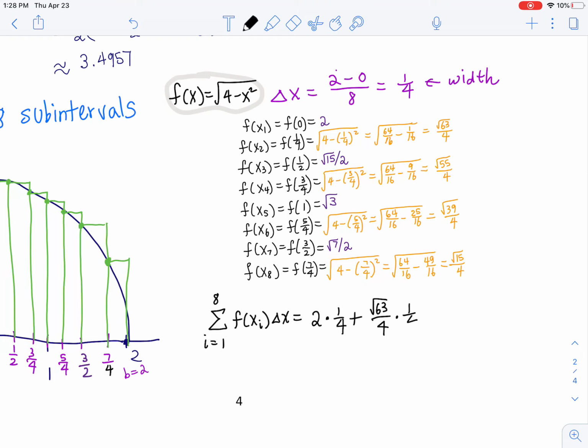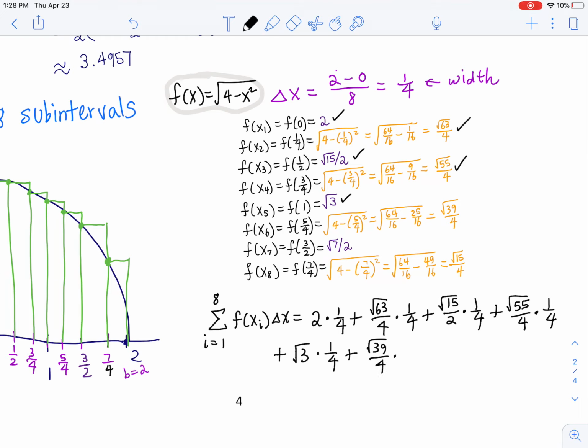Now let's go ahead and write down the sum of 8 different products, okay? So the first one I will have 2 times 1/4, right? Next is square root of 63 over 4 times 1/4 plus square root of 15 over 2 times 1/4 plus square root of 55 over 4 times 1/4.